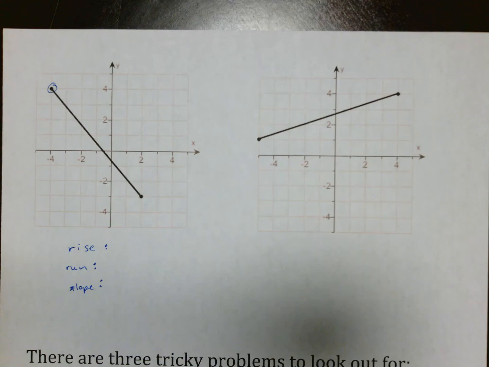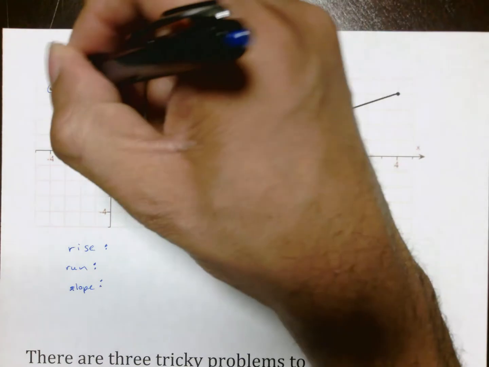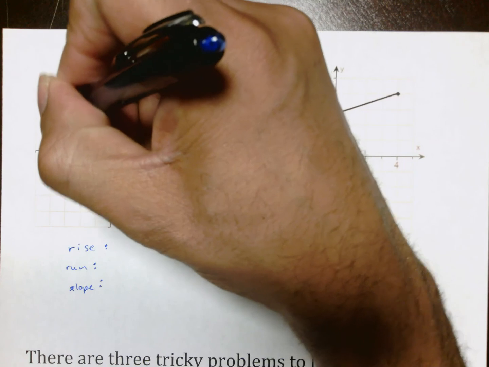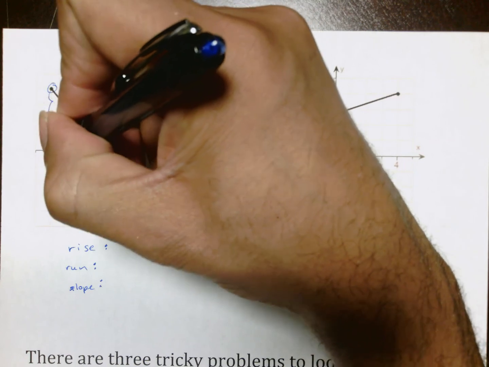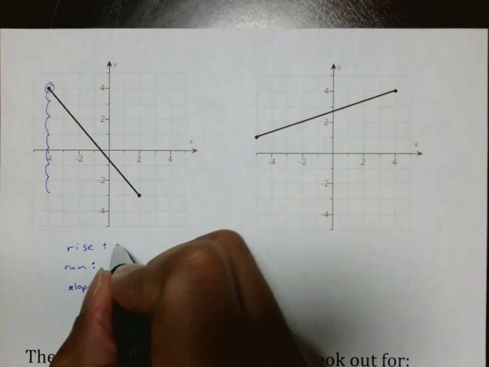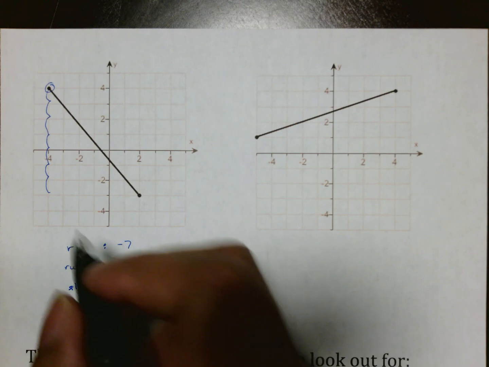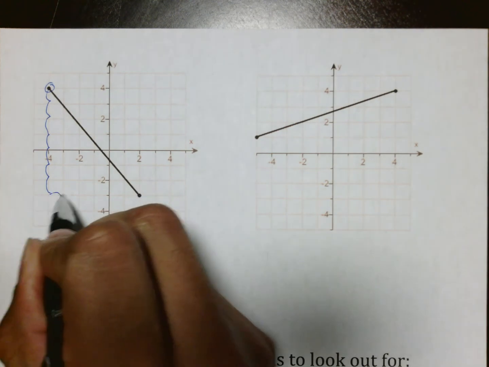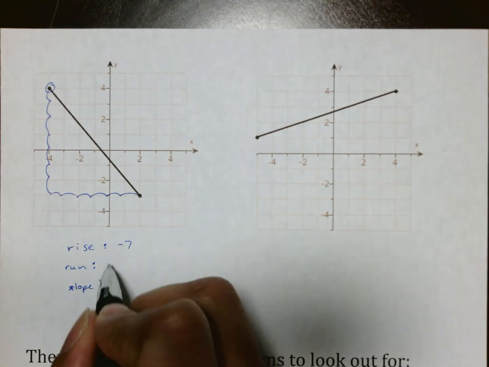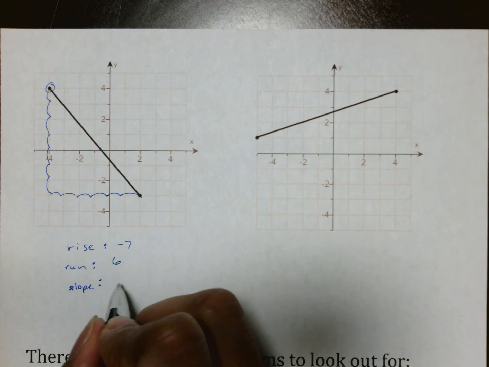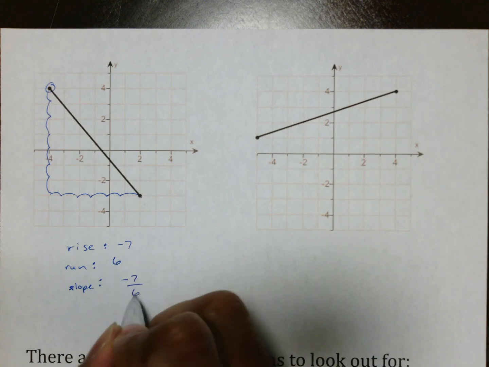So go ahead and circle your leftmost point. And it's going to say, what's the rise? Well, the rise from the leftmost point is 1, 2, 3, 4, 5, 6, 7. And you went down, so your rise is going to be -7. Your run from here is 1, 2, 3, 4, 5, 6. So your slope, being rise over run, is -7 over 6.